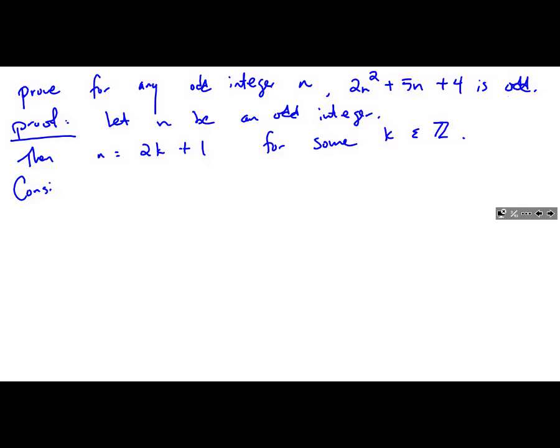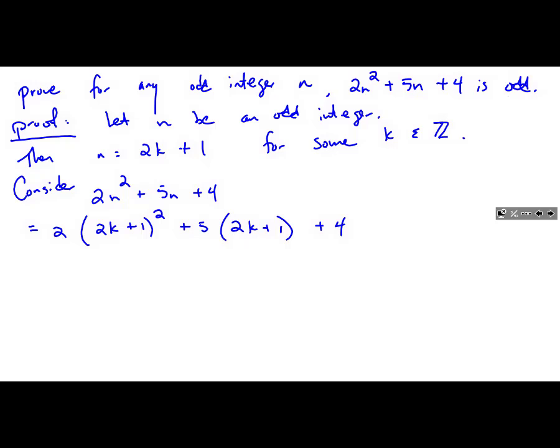Now, let's consider this expression, 2n squared plus 5n plus 4, which I then could write as 2 times, since n is odd, 2k plus 1 squared plus 5 times 2k plus 1 plus 4. And now if I run through the algebra on this, this is 2 times 4k squared plus 4k plus 1 plus 10k plus 5 plus 4.